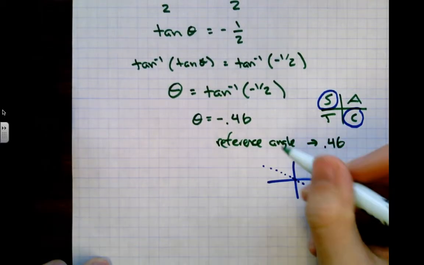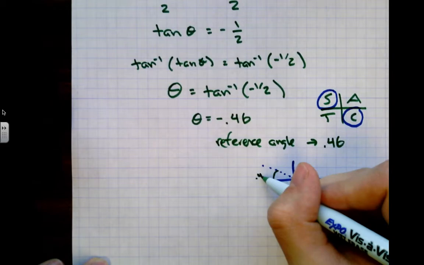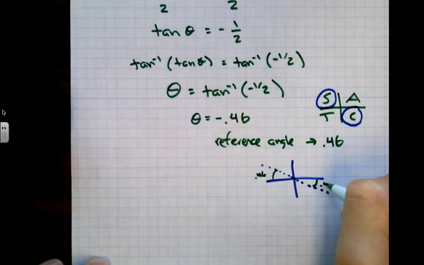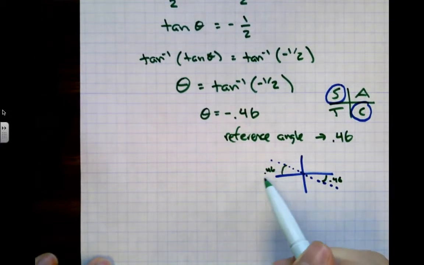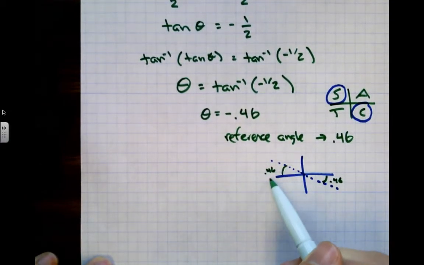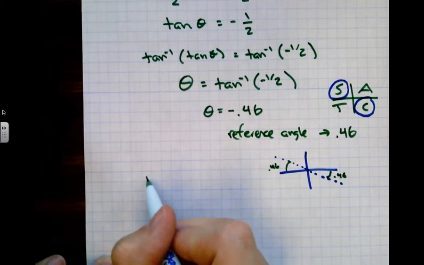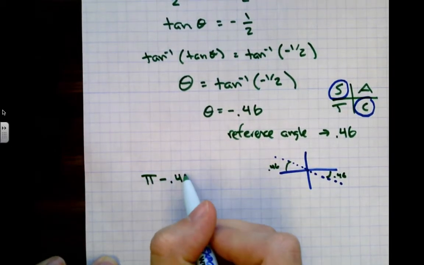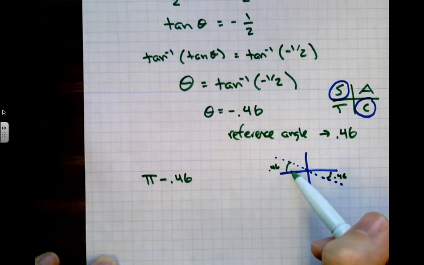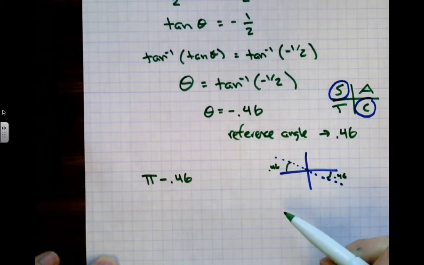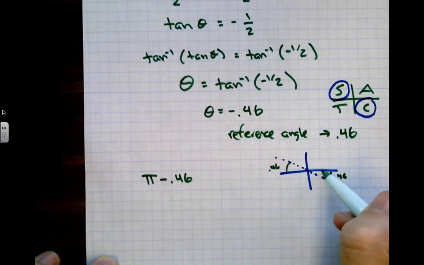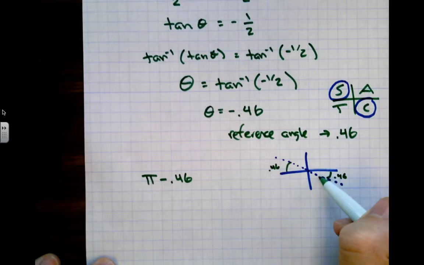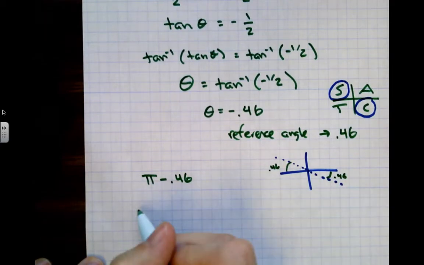My reference angle here is 0.46. My reference angle here is also 0.46. So I have to go through and find both of these. To find this one, we're moving from pi backwards 0.46. So all I'm going to really do is, since this angle measurement is pi, subtract 0.46 from it. This angle down here, since this is 360 degrees, 2 pi radians, I'm moving backwards 0.46.